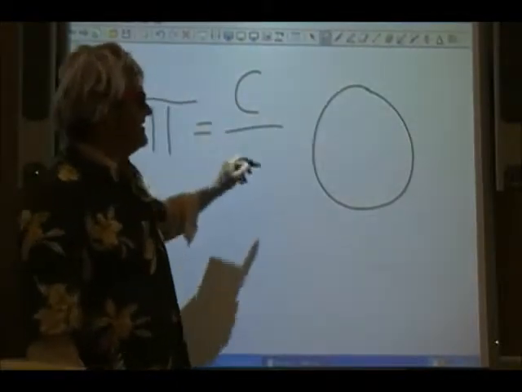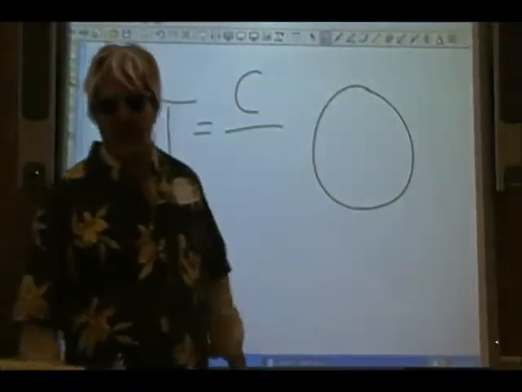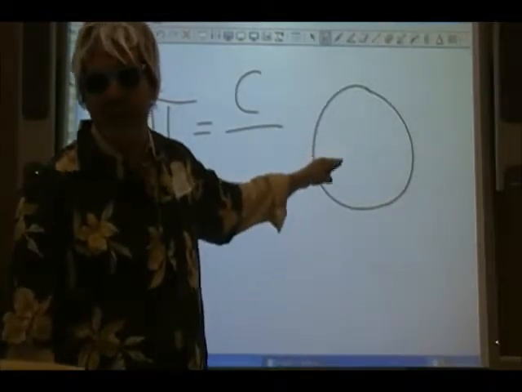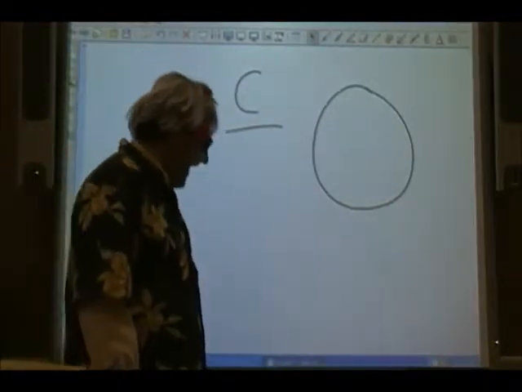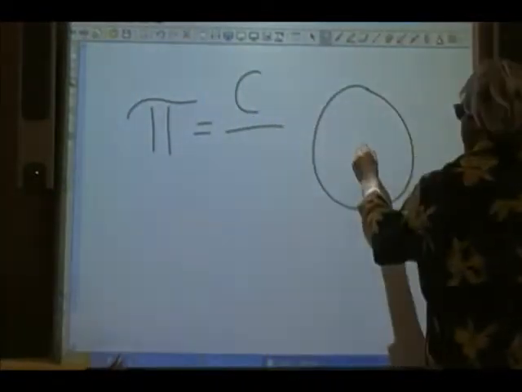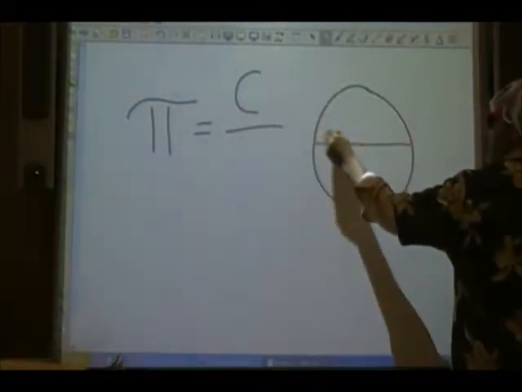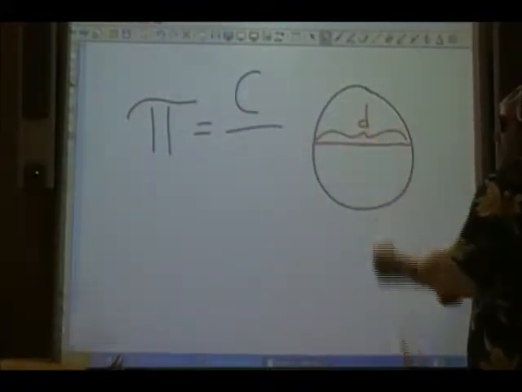Now, the distance going through the circle, from one part of the circle through the center to the other part, is called a diameter. So you have to find the center and go through the center. This distance is the diameter.